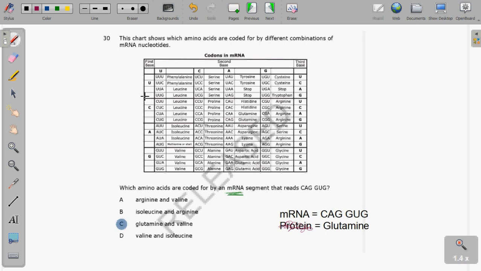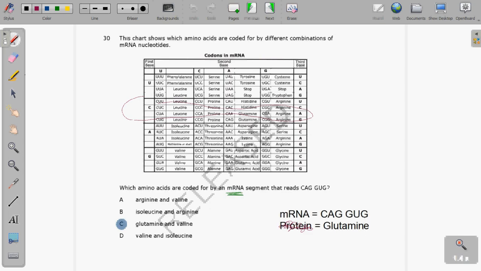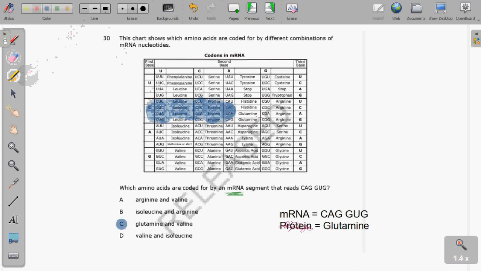Okay. So is CAG. So you're going to start here. That first C tells you it has to be in this section somewhere. I'm going to try the highlighter instead. So it has to be in here somewhere.